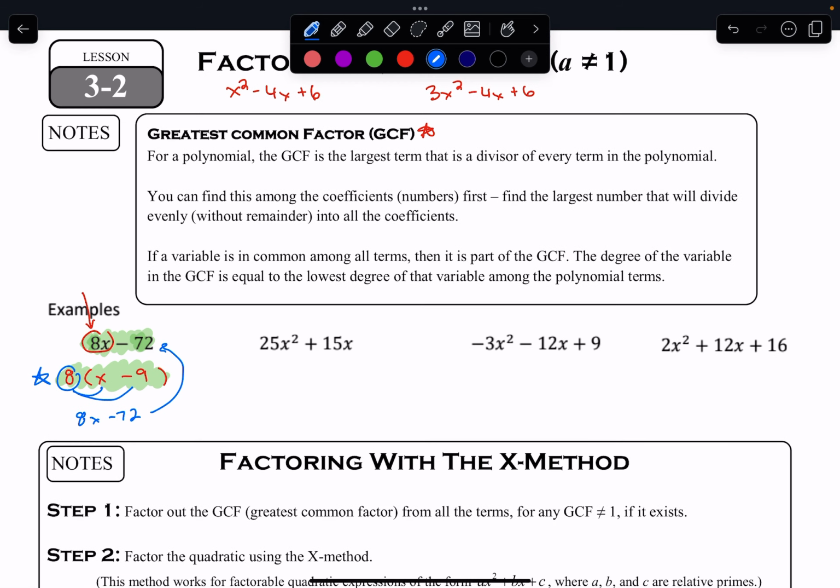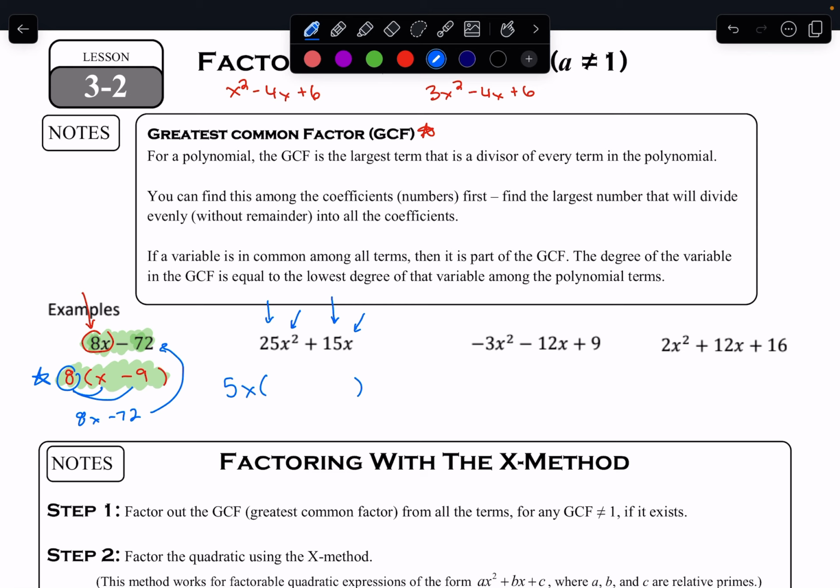25x squared plus 15x. I'm looking for the largest number that goes into 25 and 15 because I want to pull that out of the parentheses. In this case, it's a 5. This problem's a little bit different because I also have an x squared and an x. And if you go back to 7th grade, you learned that you could pull out an x if everything has an x.